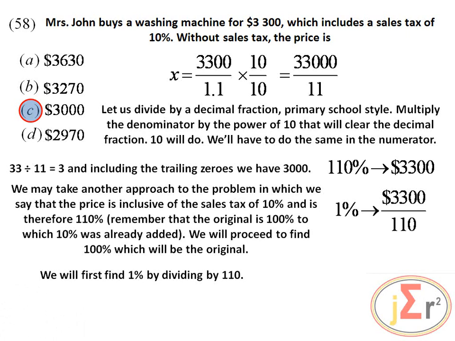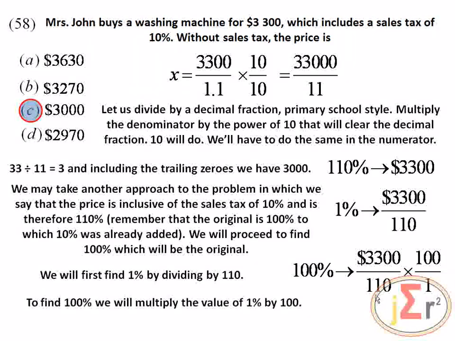Without simplifying that, we may find 100% by multiplying this result, which is 1%, by 100. So 100% is equivalent to this same expression multiplied by 100.